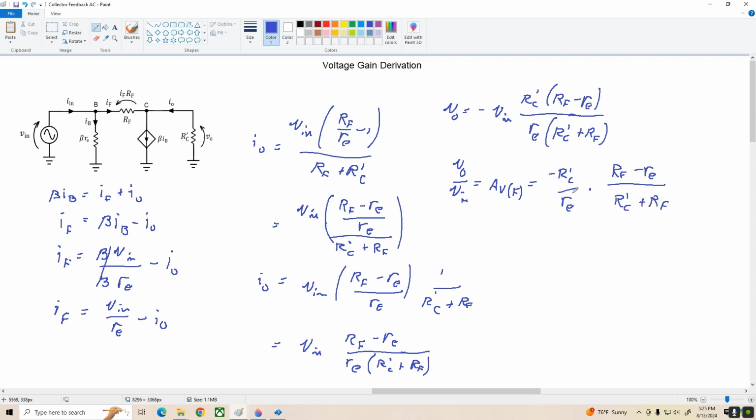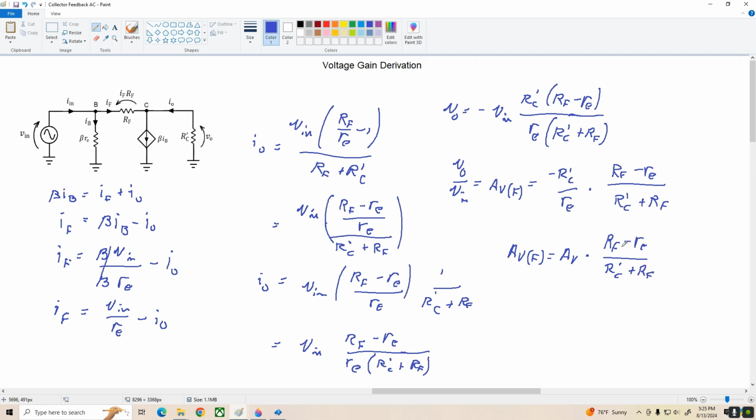All right, so we can think of this as our open loop voltage gain, that is the gain with no feedback at all, and this is a correction term that we scale this by when we have this feedback resistor present. So AV with feedback is equal to AV without feedback times RF minus little re divided by R prime C plus RF.